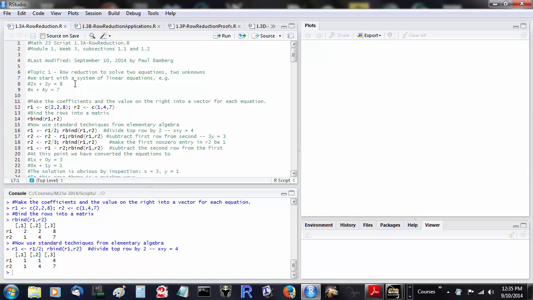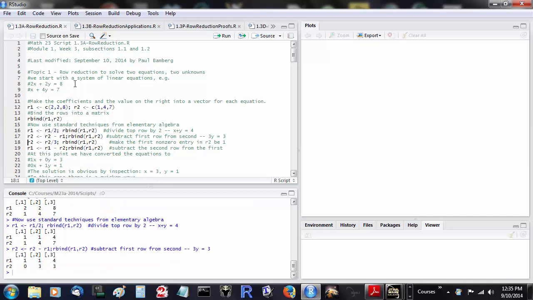I now realize that if I subtract the top row from the second row, I will convert the second row into something that corresponds to an equation that doesn't involve x at all. So I replace R2 by R2 minus R1, and the bottom equation now corresponds to 3y equals 3.